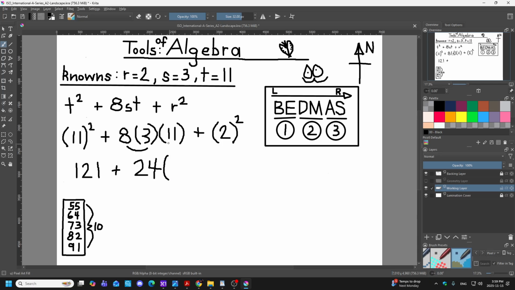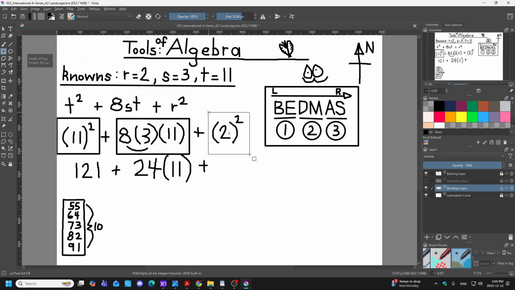We haven't done anything with the 11, so let's bring that down, okay? And then we're going to get this exponent done. So far we've gotten rid of one exponent. Again, this is its own neighborhood, right? Here's another neighborhood, and here's another neighborhood.